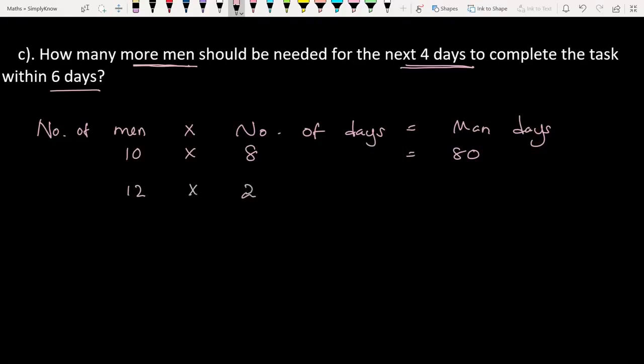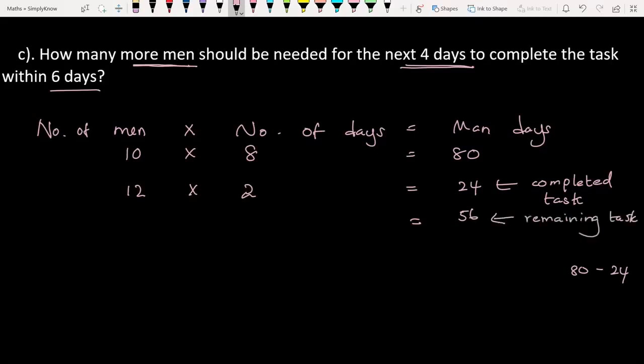That means they have covered 24 man days. Now this is the completed task. What about the remaining task? It should be 80 minus 24. We get 56 man days. And this is our remaining task.